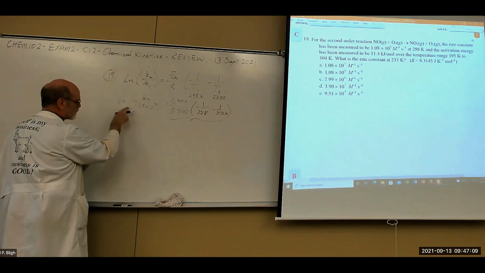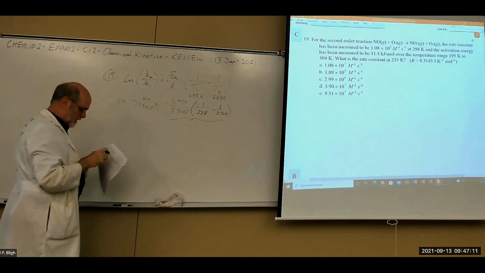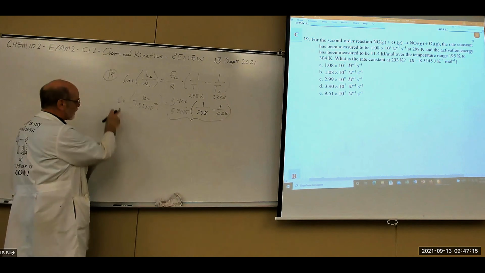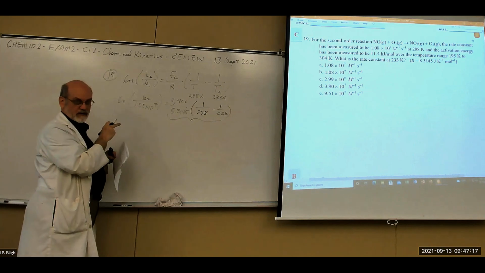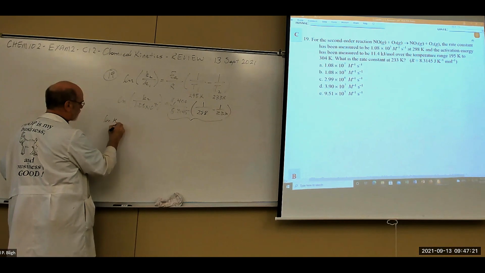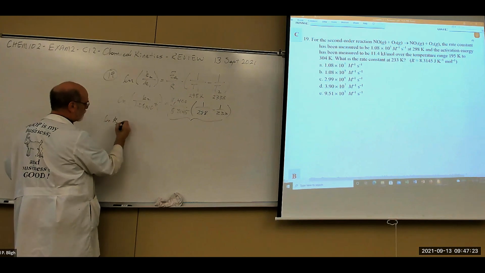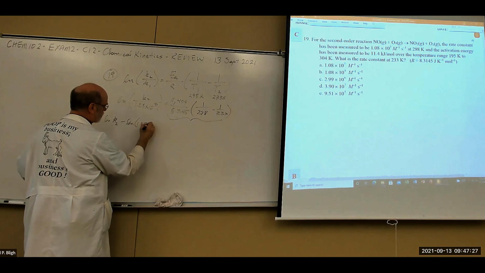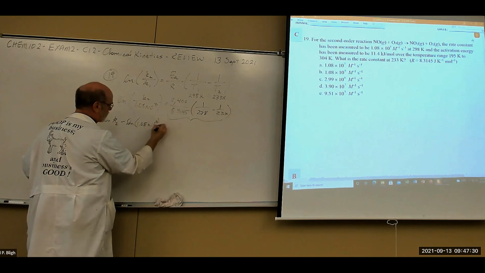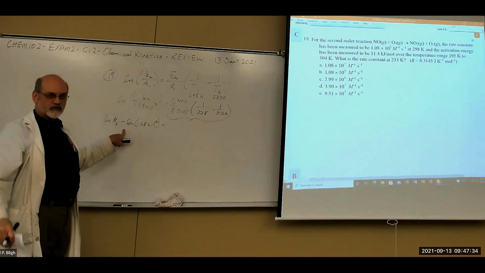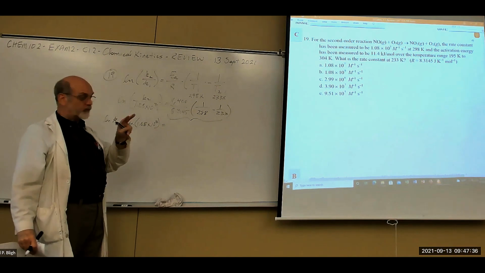How do you deal with this one? You need to understand how logs work. So the log of a quotient is actually the log of the numerator minus the log of the denominator, and then whatever that happens to be. This is where you get tripped up. Two places will trip you here.